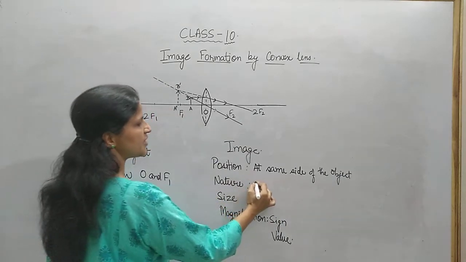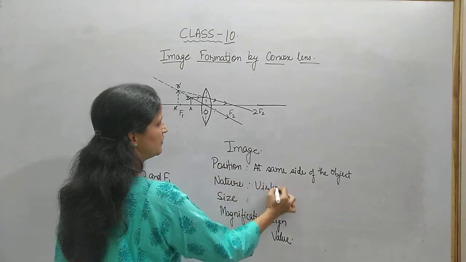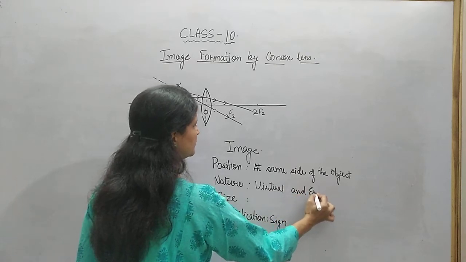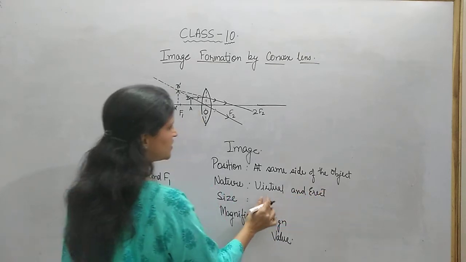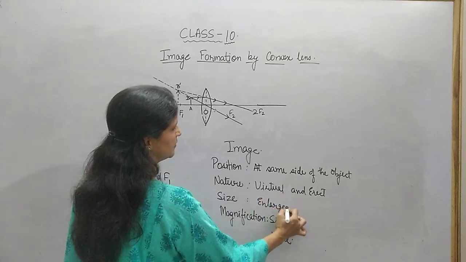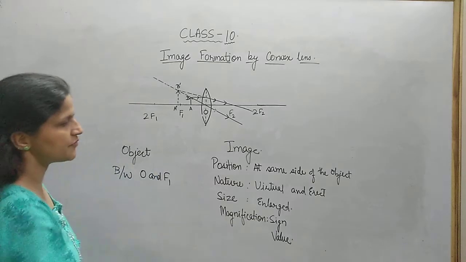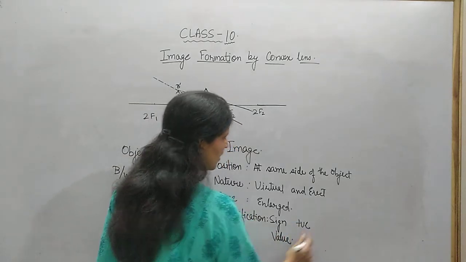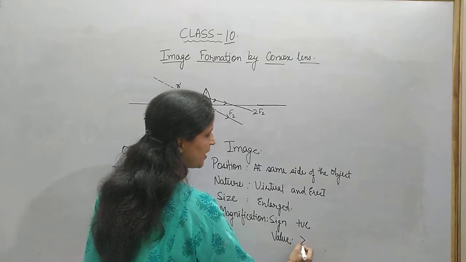Nature of the image is virtual and erect. Size is enlarged. And since the image is virtual, the magnification will carry a positive sign and the value of magnification will be greater than 1.